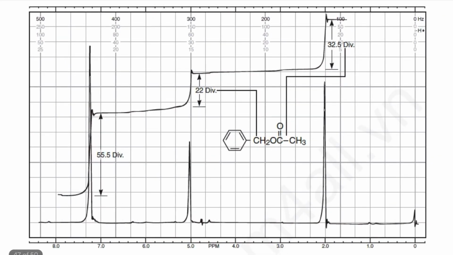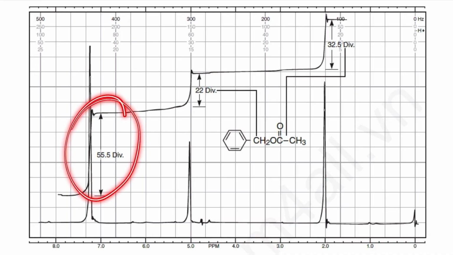Another important thing is that the height of this integral line does not give the absolute number of hydrogen atoms. Like if we are seeing 55.5 divisions here, we cannot conclude that 5 protons are here and 2 protons are here and 3 protons are here, so it is not so strict. It gives the relative number of each type of hydrogen. For an integral to be of any use, there must be a second integral.